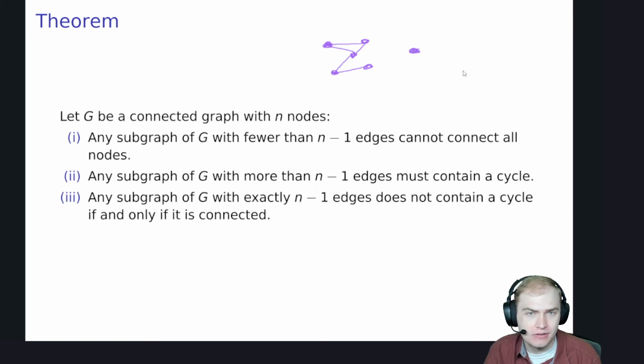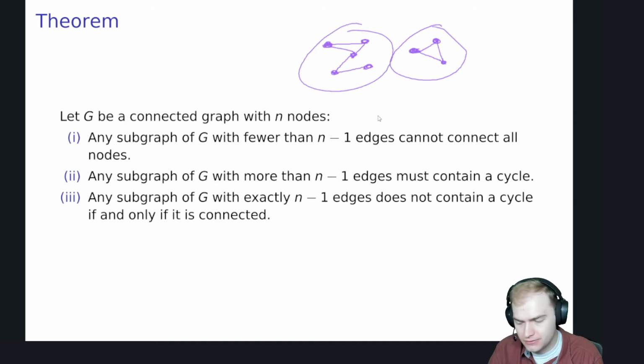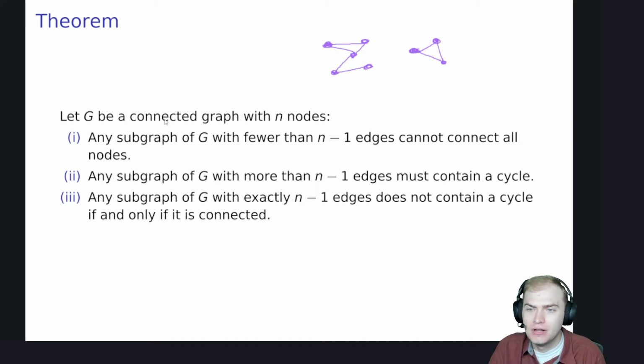This is a disconnected graph because there's a node floating out here, or even a set of nodes floating out here, where there's no path from these nodes back to these nodes. That's a disconnected graph. A connected graph is one that has a path from every node to every other node.